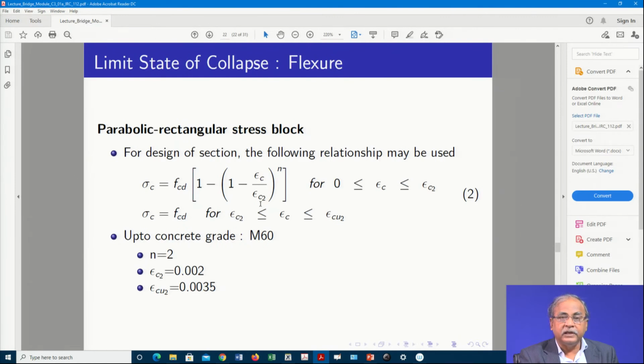This is the formula generally given in Eurocode, a little more explained. Sigma c equals fcd times 1 minus epsilon c, the same thing we have written there, only that we have written the equation of the parabola.